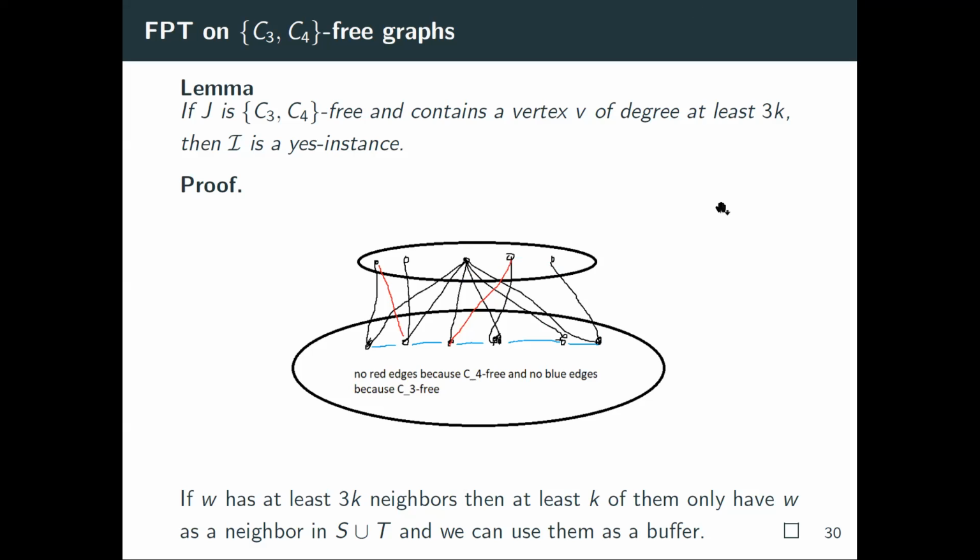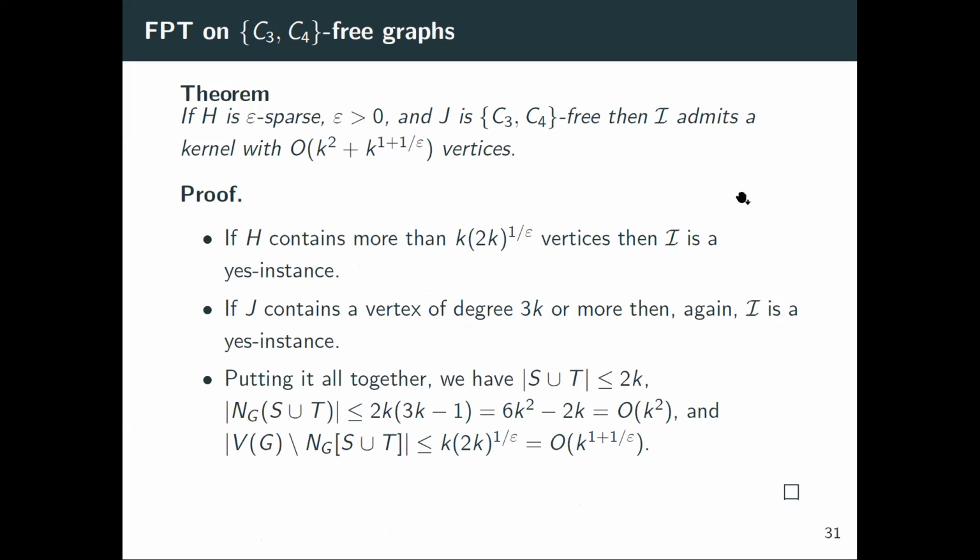So now, combining those two lemmas together, we get the following theorem. If H is alpha sparse and J is C3, C4 free, then the problem admits a kernel on this many vertices. It's basically a simple application of the previous two lemmas. If we have more than this many vertices in H, it's a trivial yes instance.